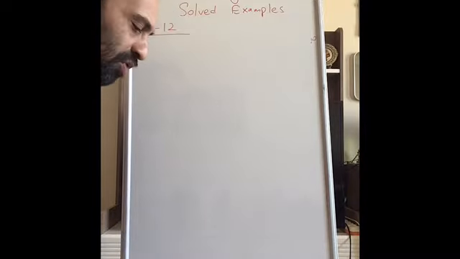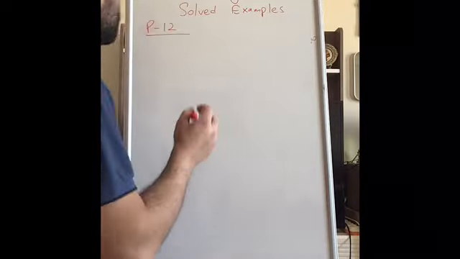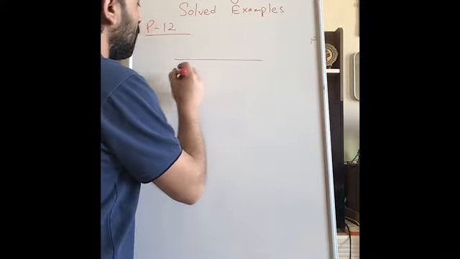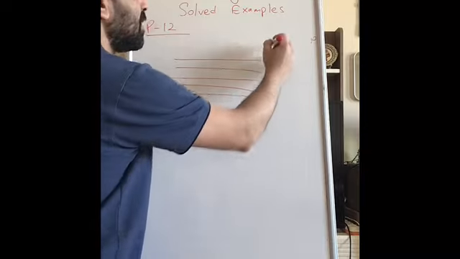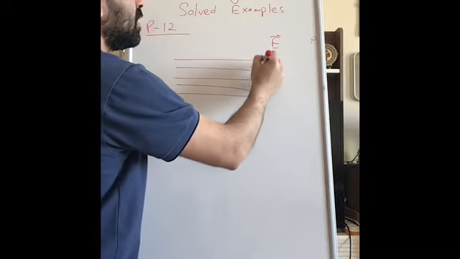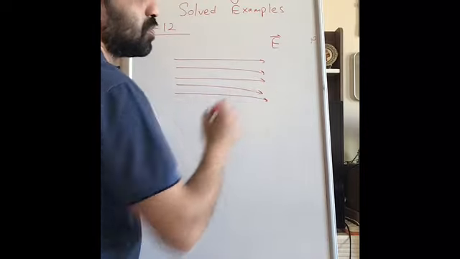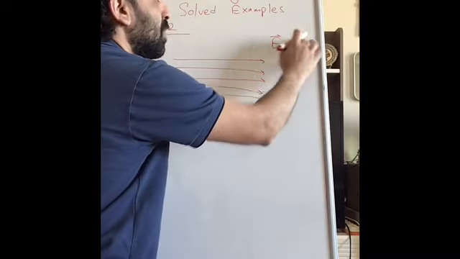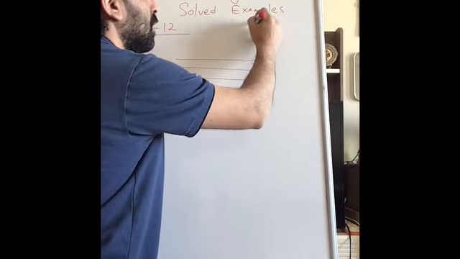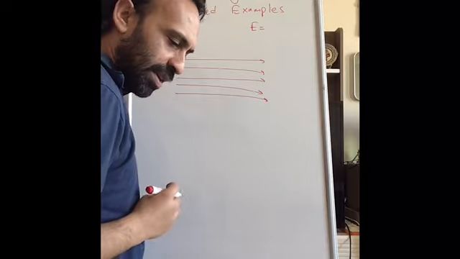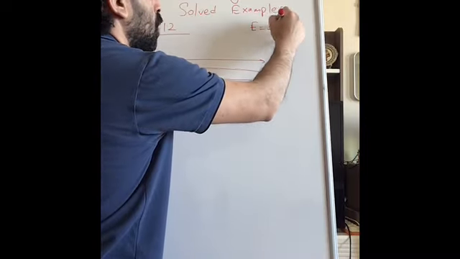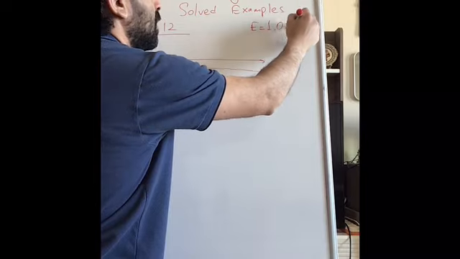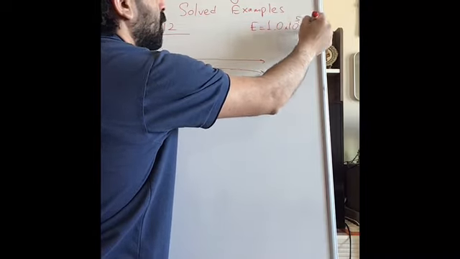First things first, let's picturize this problem. We have a horizontal electric field, so I'm going to write the electric field here, in this direction. We are free to choose the direction. Its magnitude is 1.0 times 10 to the 5th Newton per Coulomb.